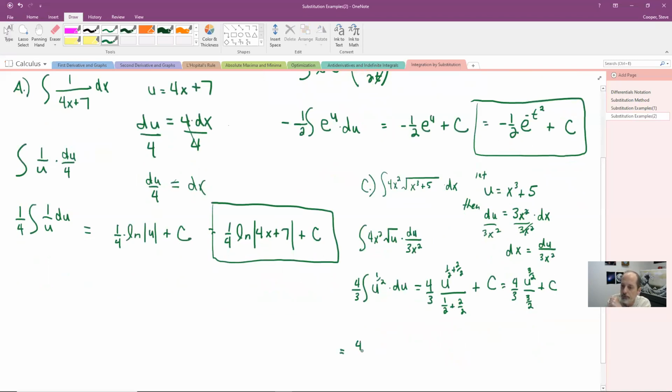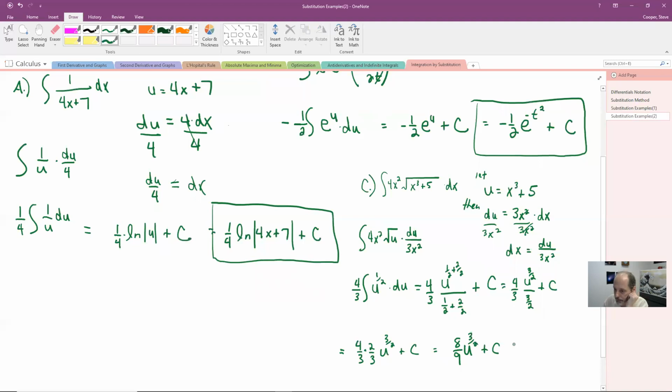So that's 4/3. I'm going to flip that and multiply, so that becomes times 2/3 u to the 3/2 plus c. So we have 8/9 u to the 3/2 plus c.